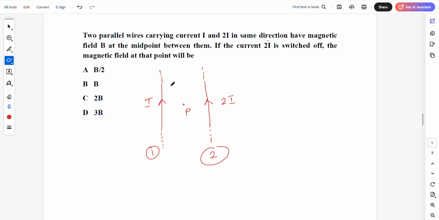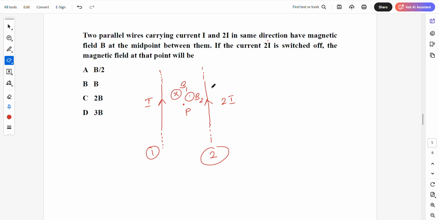If you point your thumb upwards, the encircling fingers will be inside here, therefore B1 will be inside. What about this one? If you point the thumb upwards, the palm will be on the left side and the fingers will be pointing out of the plane of the board. That is B2.